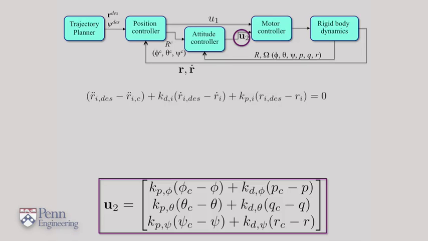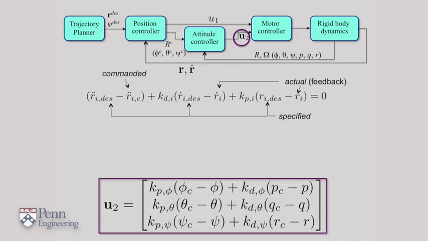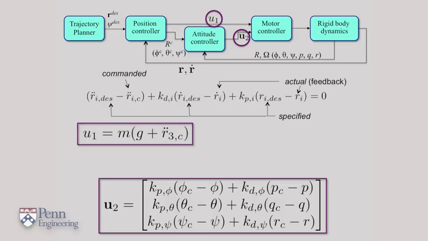Recall that we want this error to satisfy a second-order differential equation. In this equation, there's a set of terms that have to do with the desired trajectory and a set of terms with the actual trajectory that's being followed. From this equation, we want to calculate the commanded acceleration. The commanded acceleration will then tell us what thrust we want to apply with the rotors.